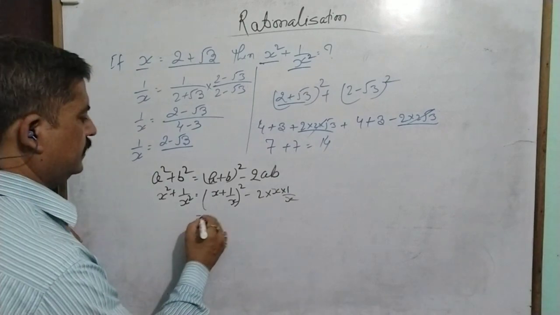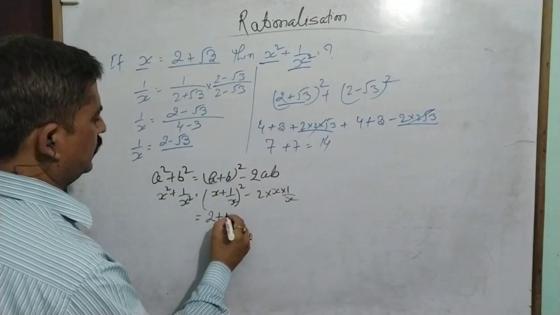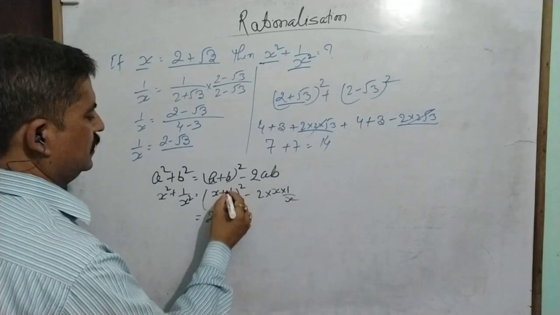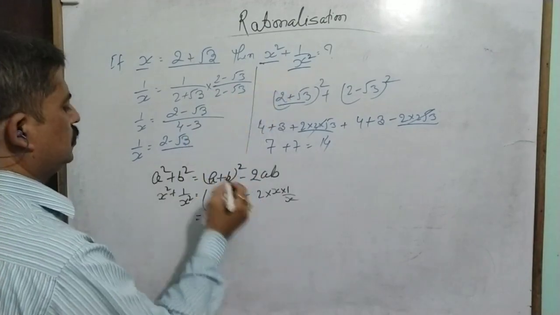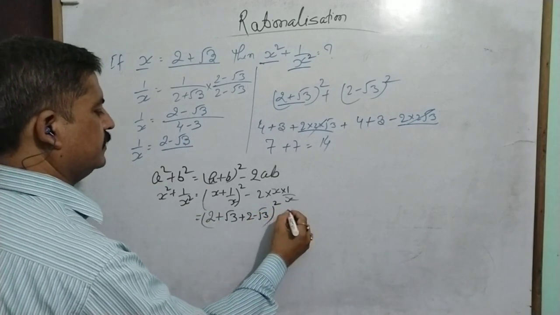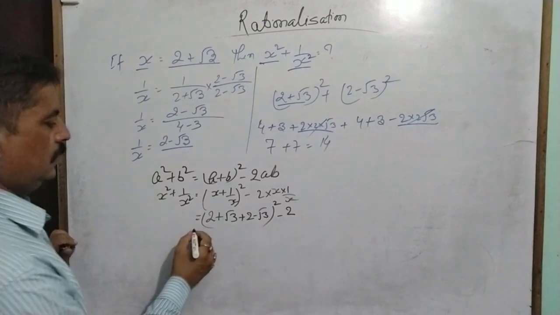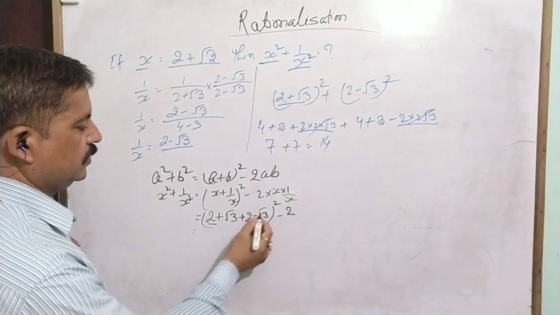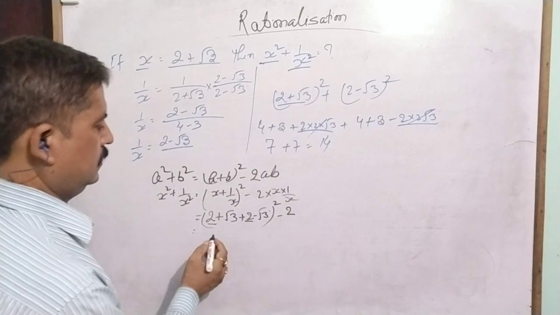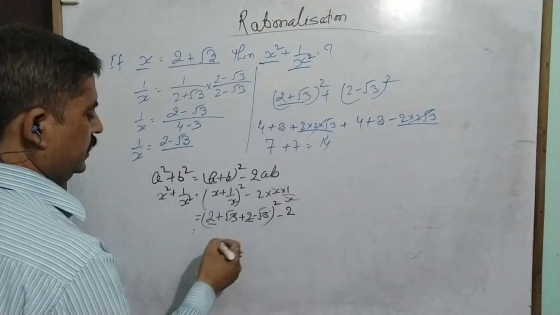Putting the value of x plus 1 by x: x is 2 plus √3, plus 1 by x is 2 minus √3, whole square minus 2. So 2 plus 2 is 4, the √3 terms terminate.